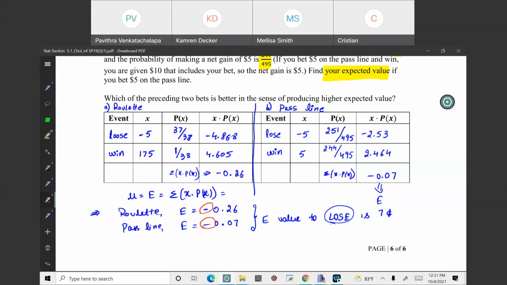For example, if this was plus, then this game would have been better because that is 26 cents. So you have to be careful with this negative and positive sign. If it says negative, that means you're losing. So this is your point.